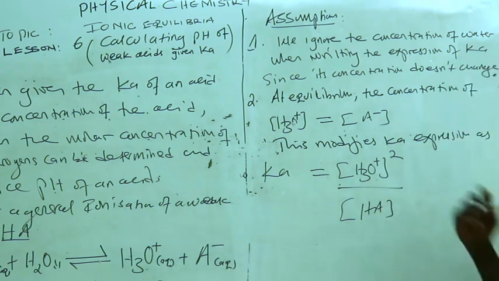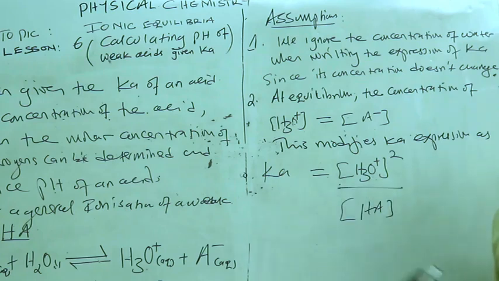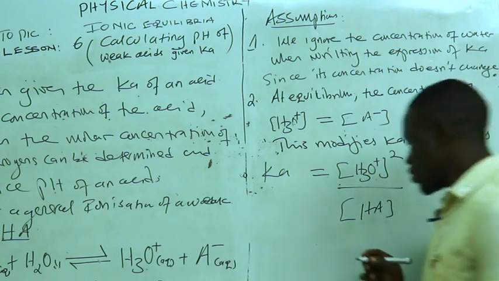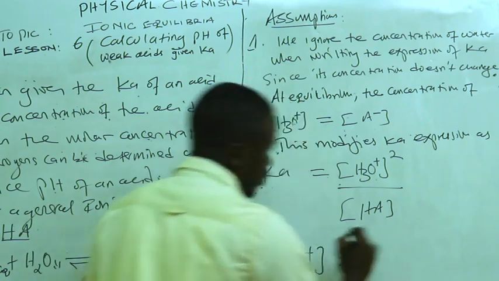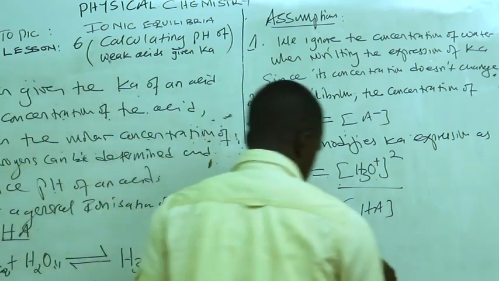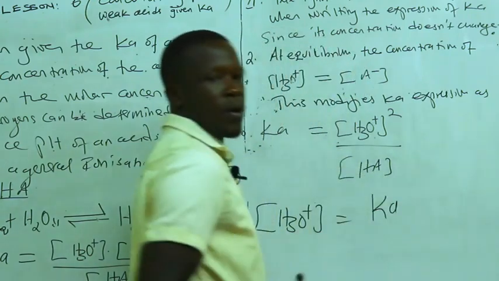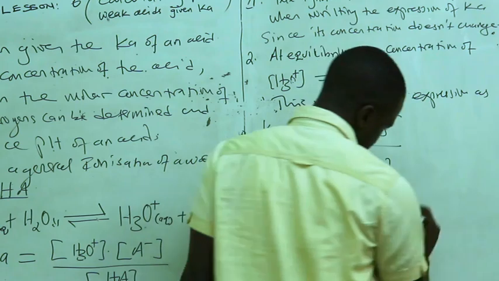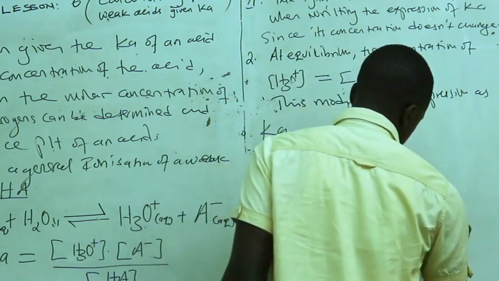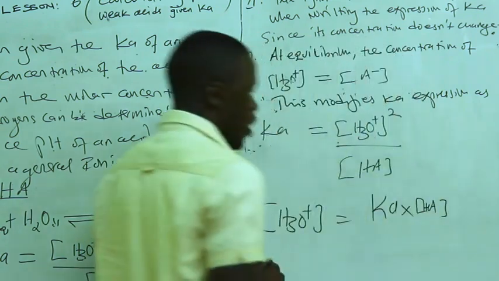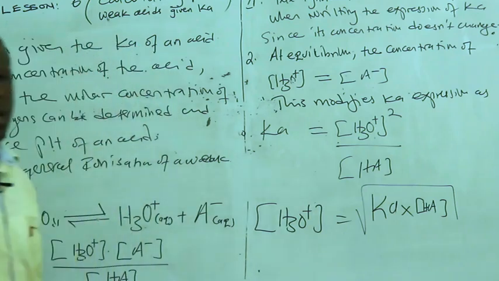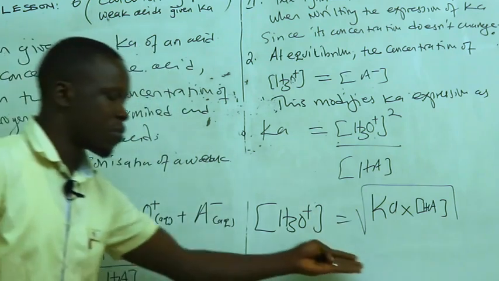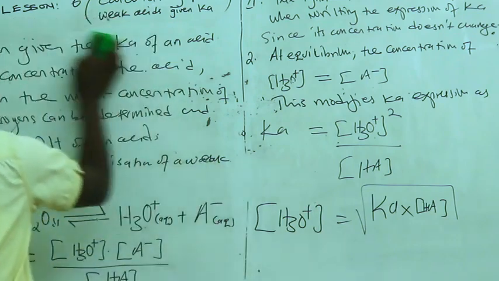And at this moment, we know the Ka value, and so we can determine the concentration of hydrogen ions. So the concentration of hydrogen ions or hydroxonium ions will equal Ka multiplied by the concentration of the acid HA, and all this is under a root. That will bring us near to getting our pH.